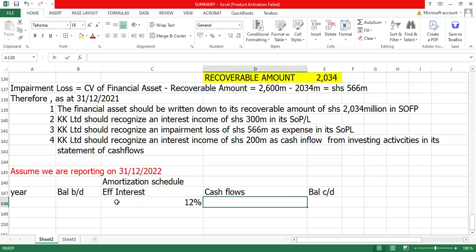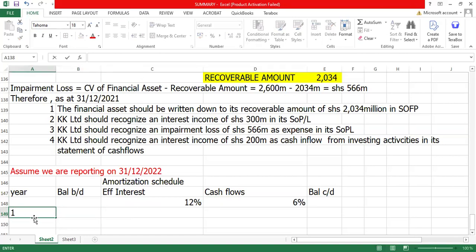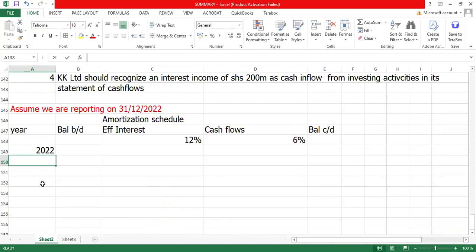The rate has not changed, but sometimes you find that the change is now in terms of rates. Then here put, still this will be 6%. Then the first year, the remaining period now, you start from 2022, you have 2023, depending on when you're reporting.